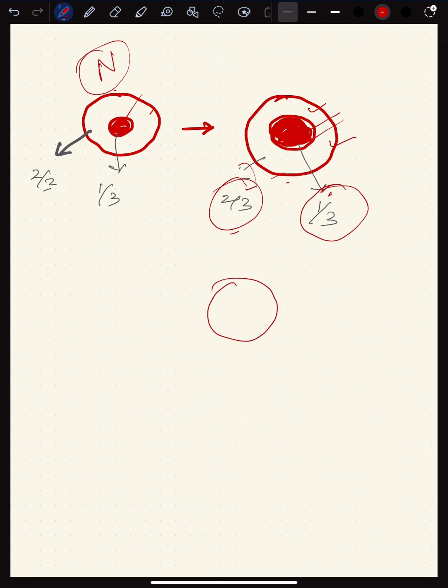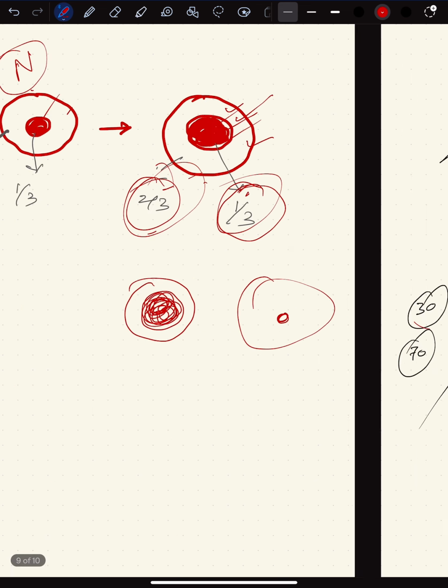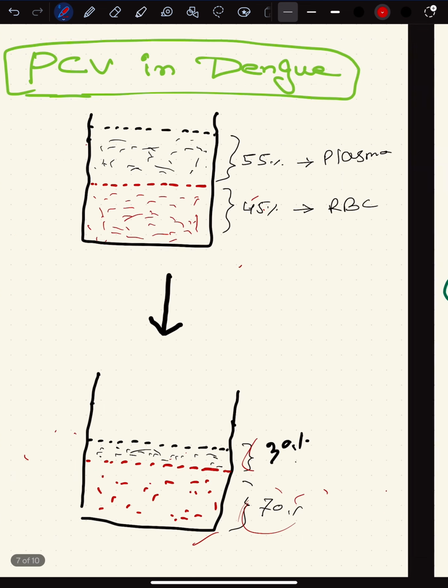Like if it happened like this, you would get a different proportion, or if it made this, you would get a different equation. But in this case, the rest of the cell and the hemoglobin have both increased proportionally. That's why we get the 2/3 and 1/3 ratio. So in macrocytic anemia, you'll find MCHC normal, really important for your exam.